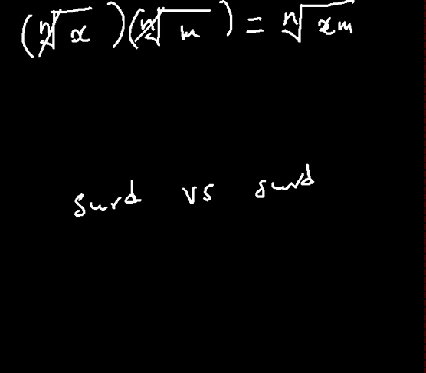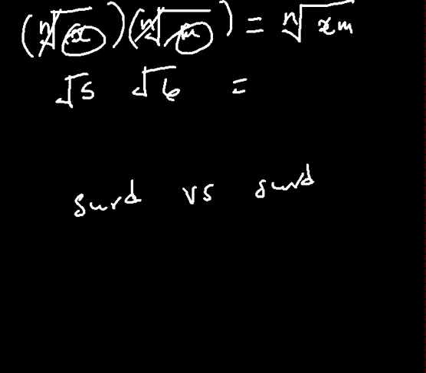So we multiply the terms inside and cover them with the given root. So if we have the square root of 5 times the square root of 6, this is the same as the square root of 5 times 6, which is the square root of 30. That is according to the principle behind.